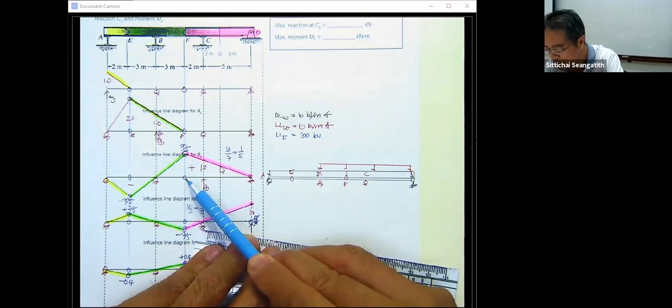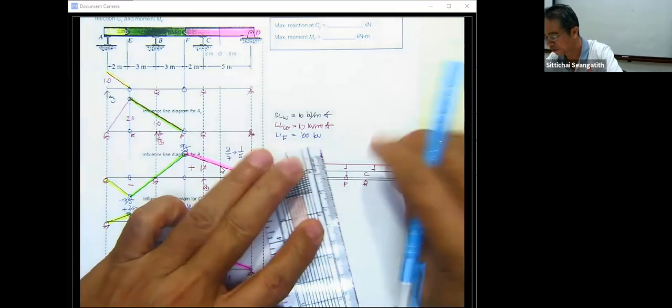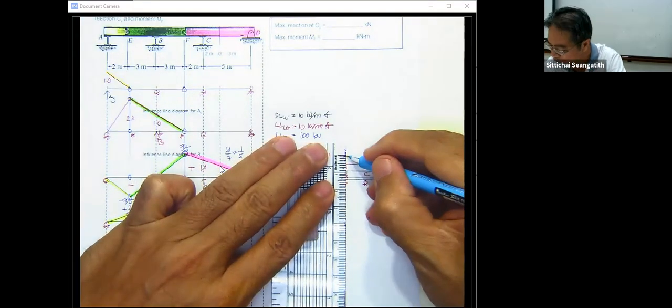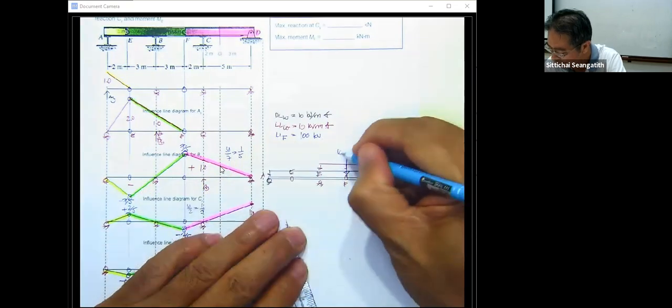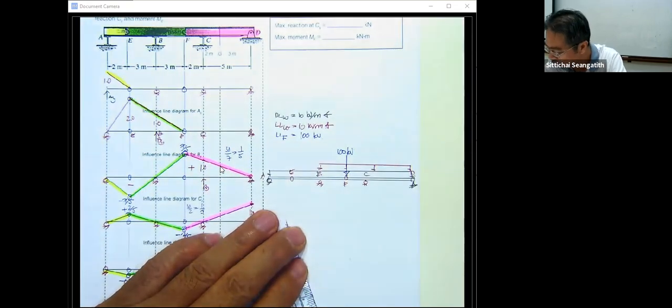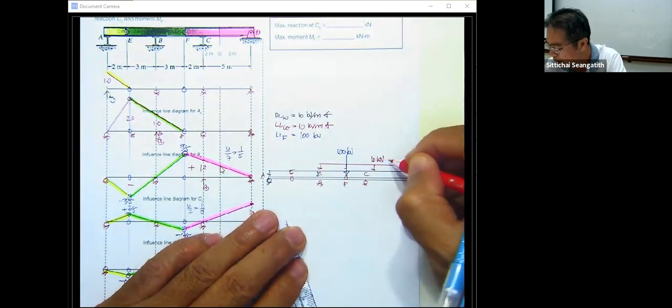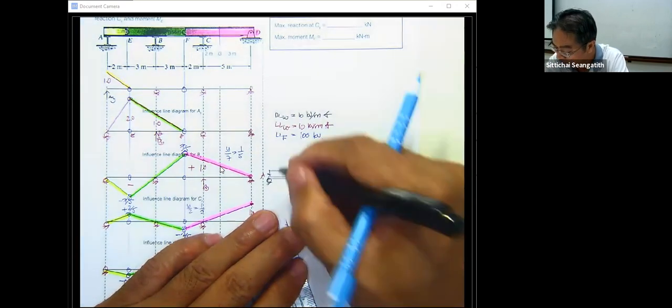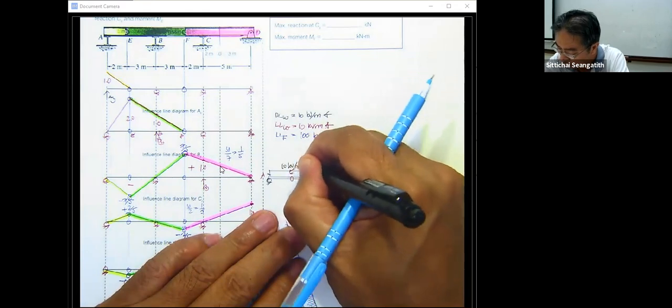So we must put it at F. Okay, and then we have this one for 100 kilonewton. We have this one for 10 kilonewton per meter, and we have this one for 10 kilonewton per meter.